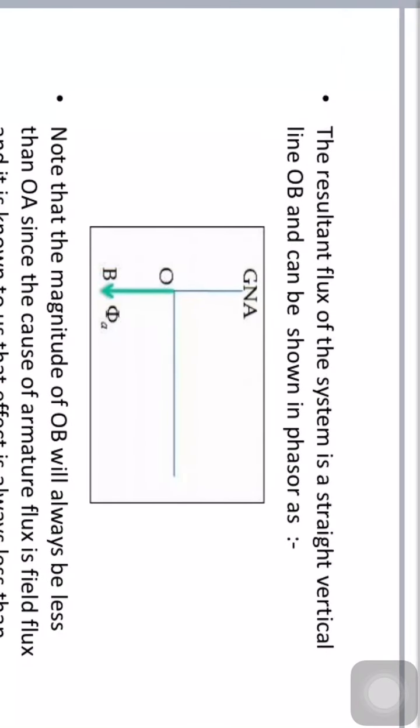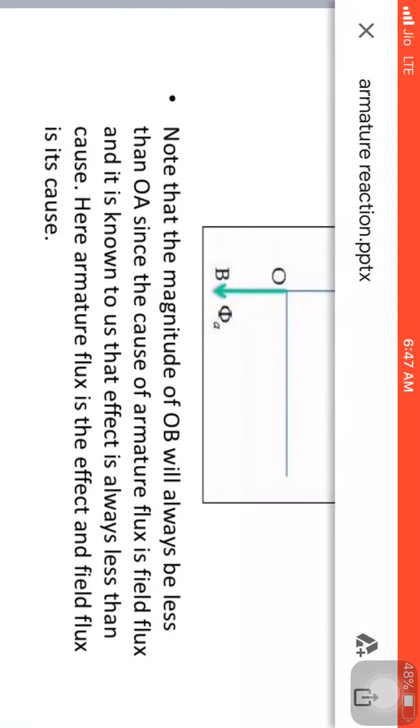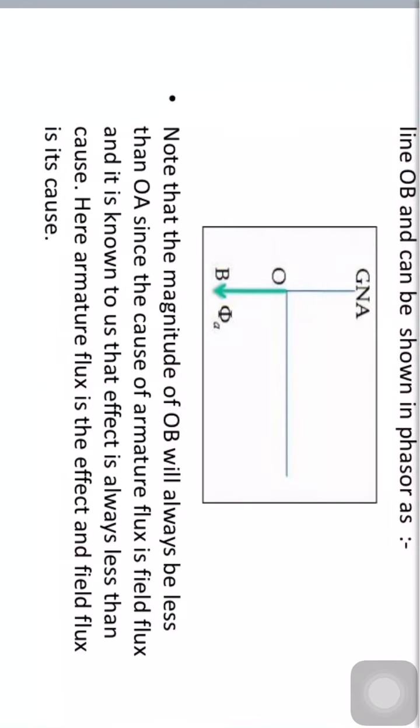So the resultant flux of the system is a straight vertical line OB and can be shown here in this diagram. Note that the magnitude of OB will always be less than OA, since the cause of armature flux is field flux, and it is known to us that effect is always less than cause.